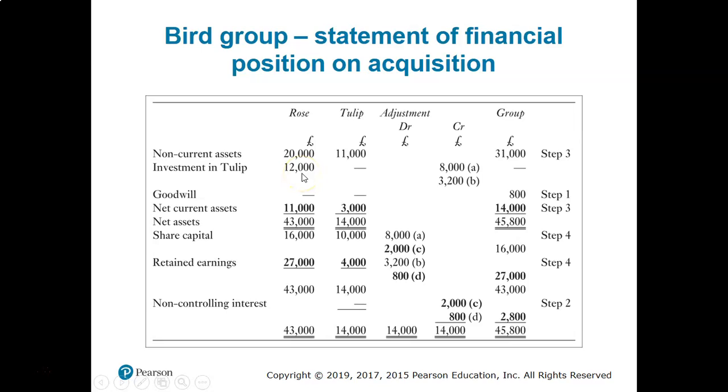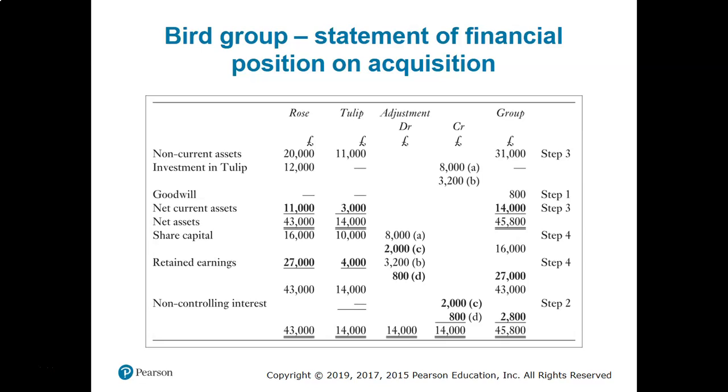So how is it 12,000? Because the company has 10,000 shares, and the parent company purchased actually 80% of the shares. So 10,000 times 80% is 8,000, and they purchased each share for 1.5.